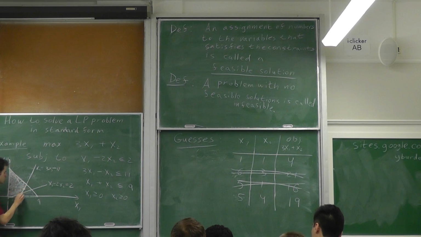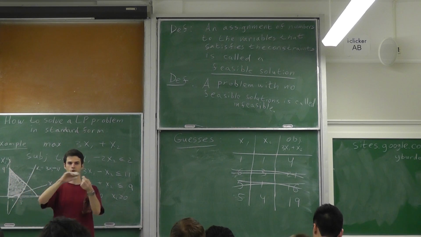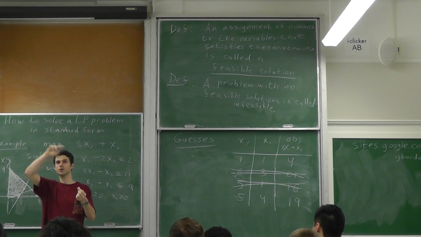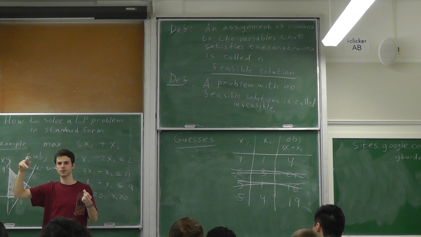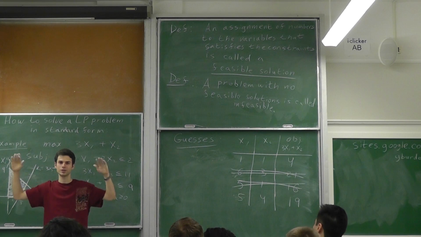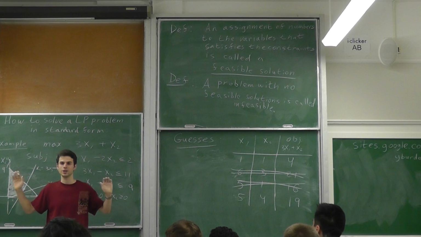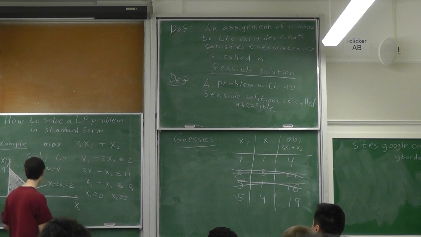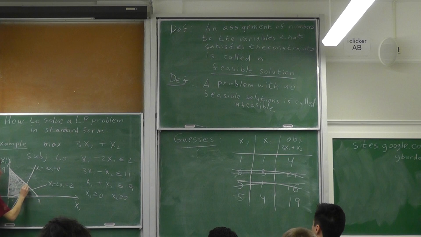Consider this linear function over this line. It is still a linear function over a segment. It is increasing in one of the directions. It might also be not increasing, it might be a flat line. But anyway, if it is increasing, I'll just move in the direction of increase, let's say to here.